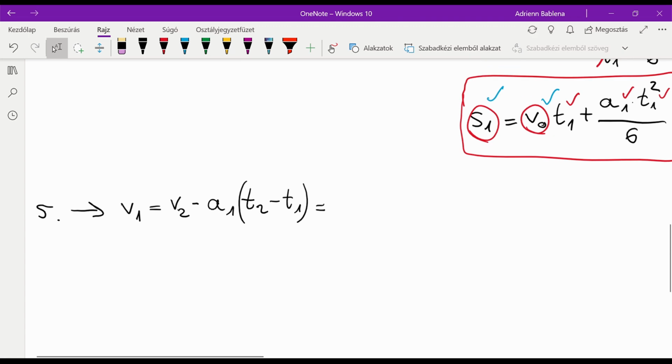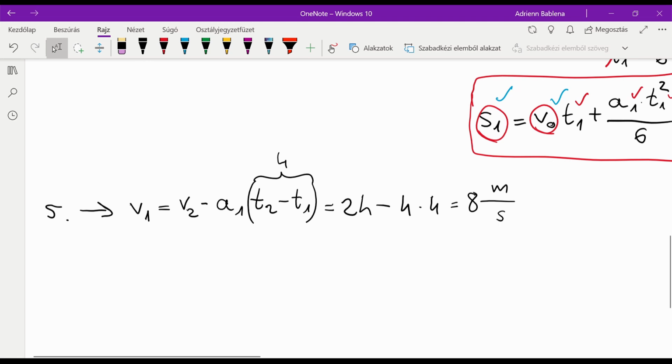V2 was 24 minus A1 is 4, and we know T2 minus T1 is 6 minus 2, which is 4, that A1 times our time interval, it's 4 times 4, and it's 8 meters per second. So we calculated V1.